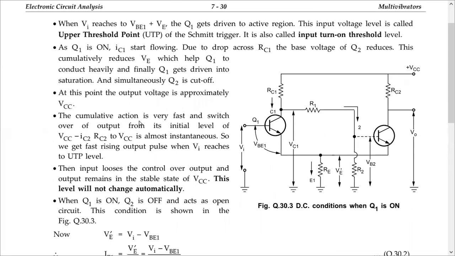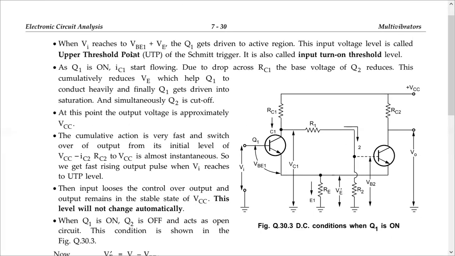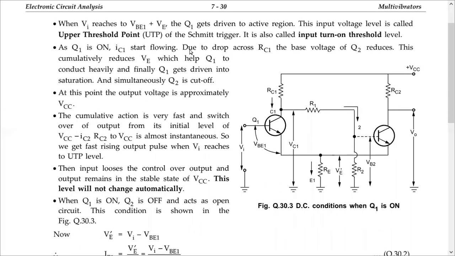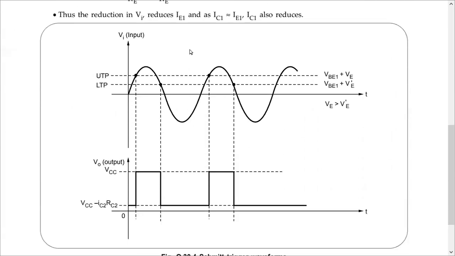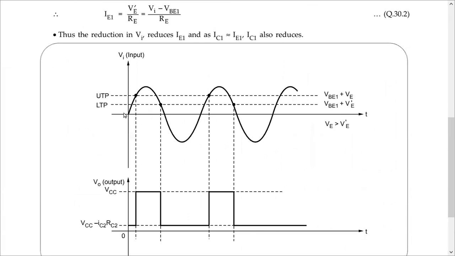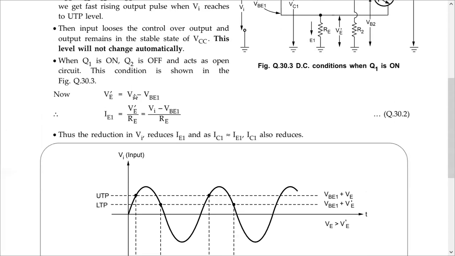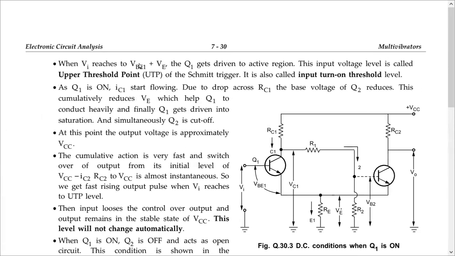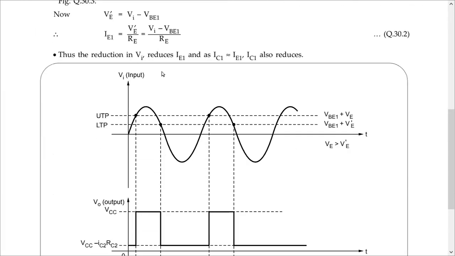That point is called the upper threshold. Only when the input exceeds the value VBE1 plus VE will Q1 turn on.